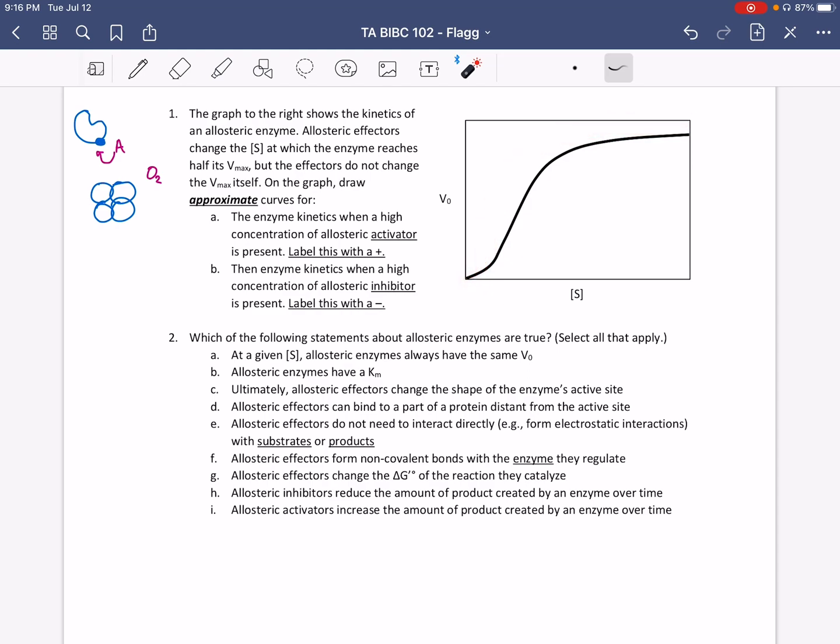Let me go ahead and put an actual line there. So that's going to be the kinetics graph that shows us how this enzyme is being affected by an activator. And then let's take a look at the graph that shows us an allosteric inhibitor, and I will do that in blue, and that will look something like this. And we will denote that as negative.